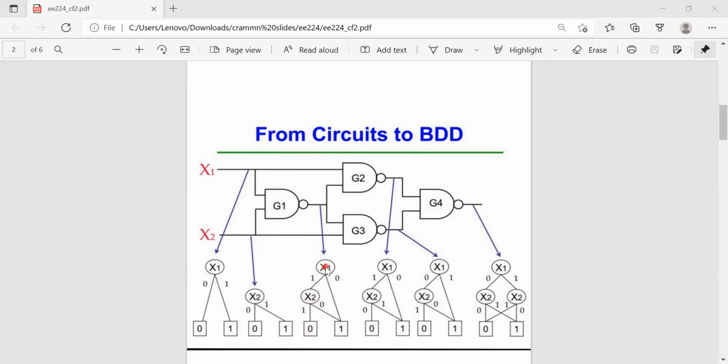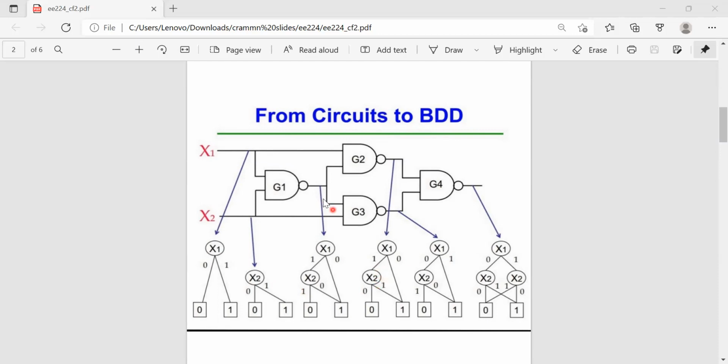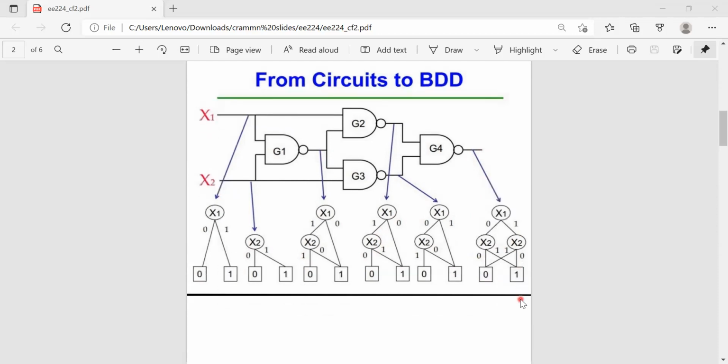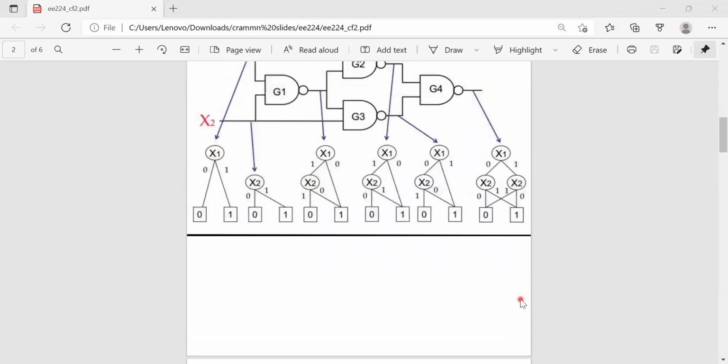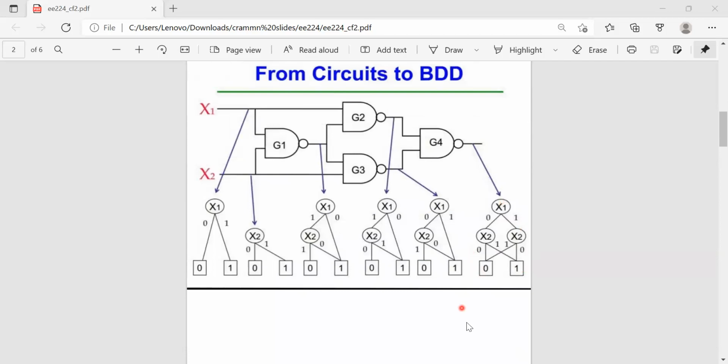This gives the BDD for the NAND operator. Similarly, for the nodes here and here, we can form the BDDs in terms of x1 and x2. The output can ultimately be formed using a BDD after reducing the BDD.